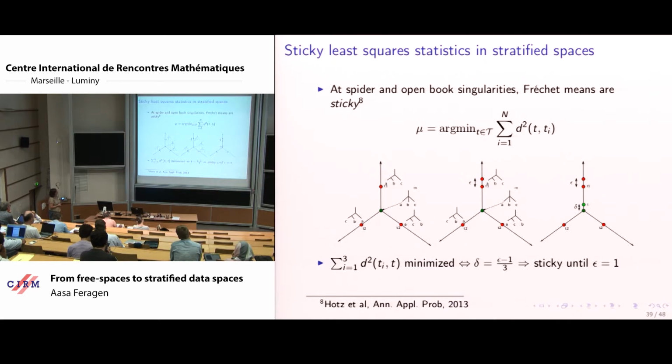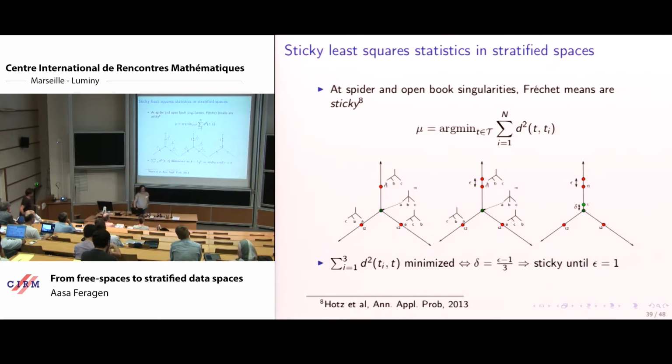Now if I start moving one of those points up and down, the mean is going to stay put. In the case where the distance down here is 1, in fact, the mean is going to stay put until I reach 2. It's very easy to see. You just write out the distances, take the derivative, set it to 0, and you'll see it really has to hit 2 before the mean moves. This is called stickiness.